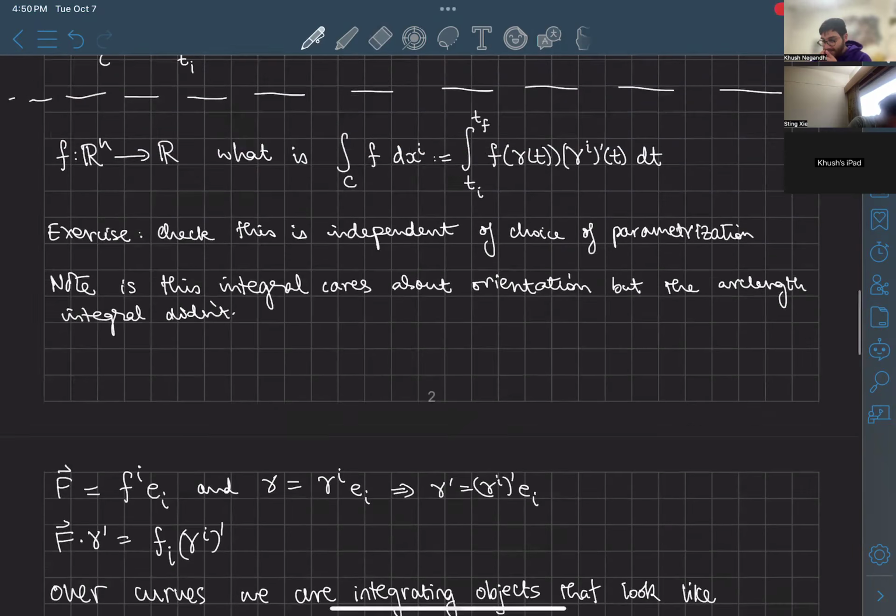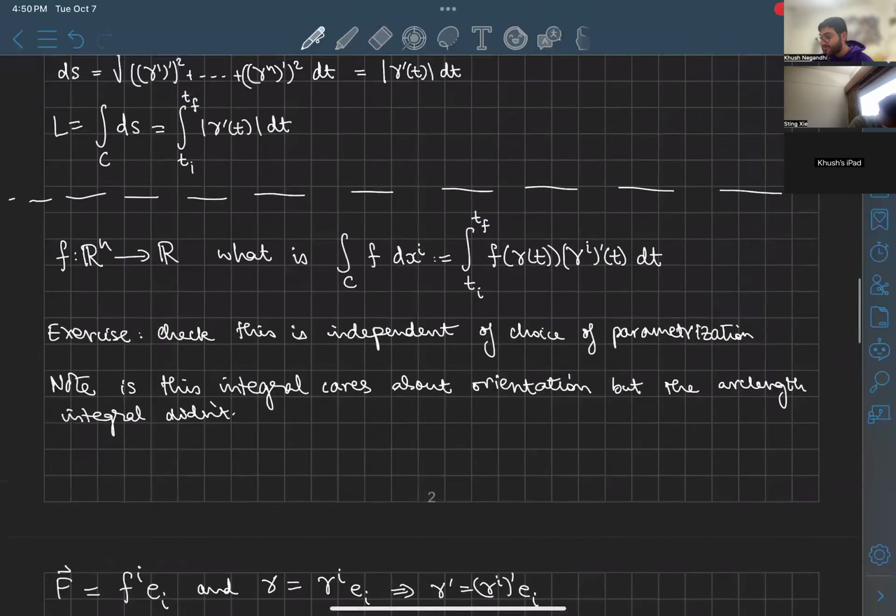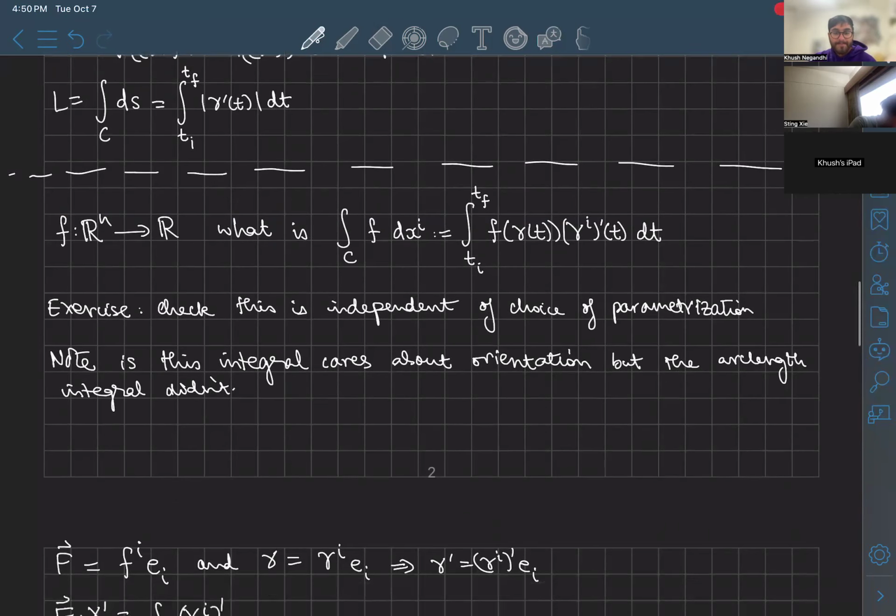That's how we defined this integral with respect to coordinates. We saw that the natural way to define an integral with respect to coordinates is to integrate an object that looks like f dx_i. Okay.